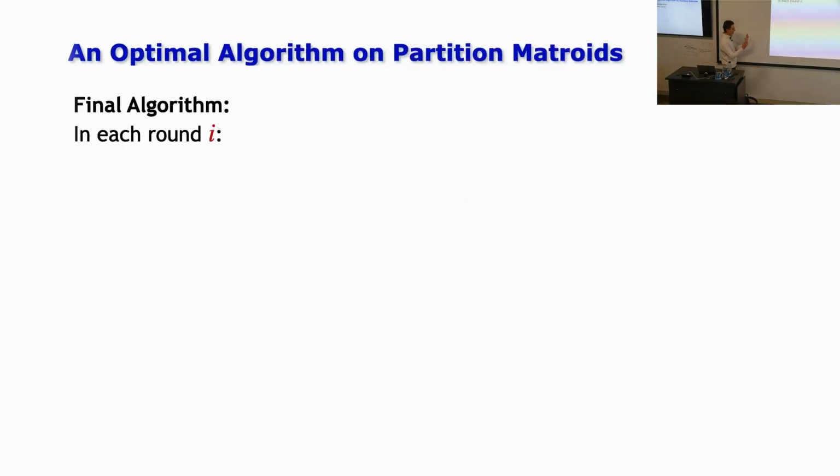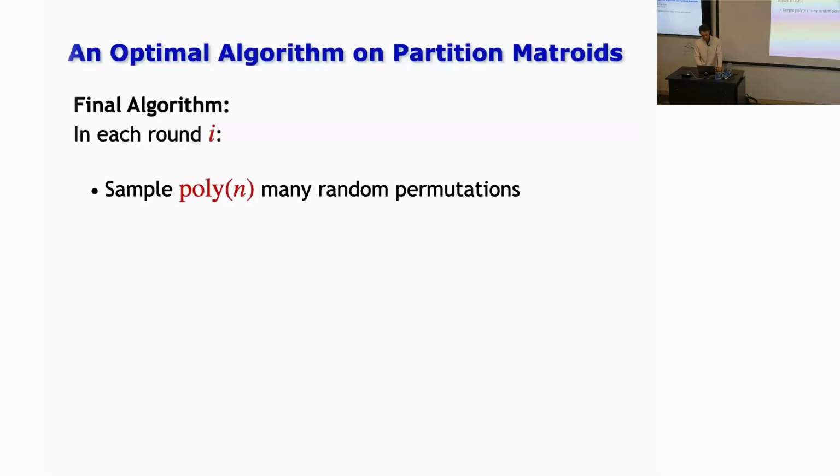And with that, I can now give you the final algorithm which works for all partition matroids. What is the algorithm going to do? It's an iterative algorithm, and it's going to heavily use the algorithm from the previous slide. In each round of the algorithm, we're going to sample a polynomial number of random permutations.